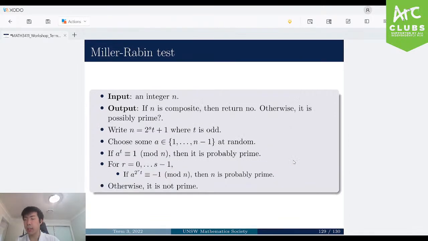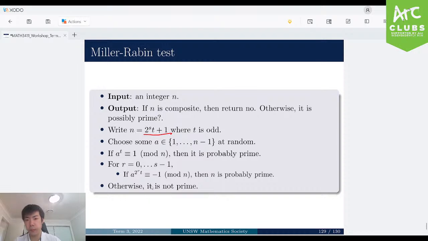The next one is the other main one, the pseudo prime and Miller-Rabin test. We have an input again, integer n. If n is composite, it will return no. Otherwise, if it passes all the tests, it will be possibly prime, similar to the pseudo prime test, except this is stronger. First, we write the integer n in this form: you find as many multiples of 2 as possible in n minus 1, and then times it by t.